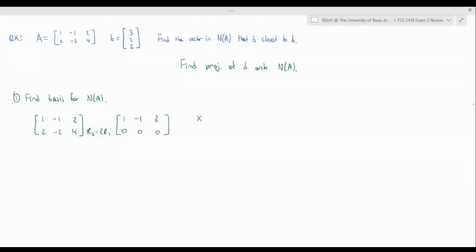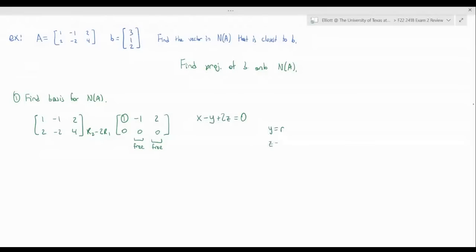So we really just have like one equation here. And y and z, we can make those free variables because both the second and the third column are missing a pivot.